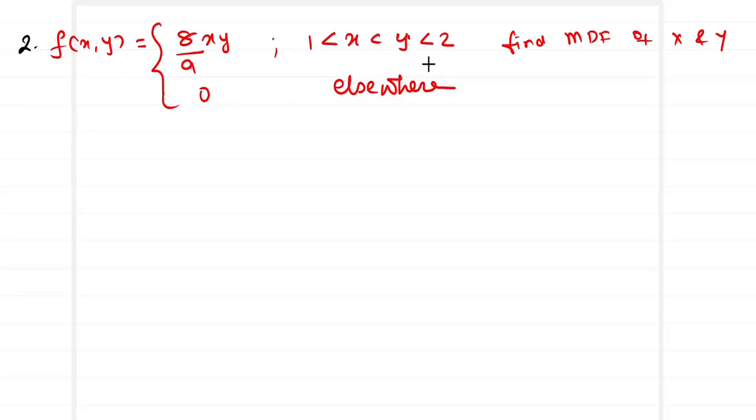Now the only difference between the first and the second problem is that over here the range has been given like a train. It is going to be a range of ranges: 1 less than x, x is less than y, and y is less than 2.